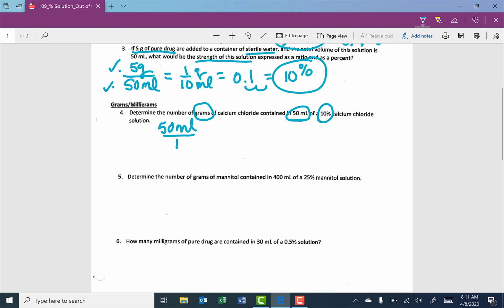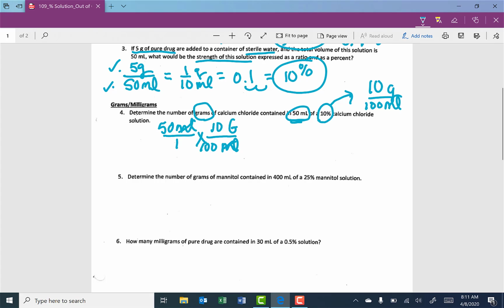So we start with what we're given, which is 50 milliliters, and we're going to multiply it by milliliters here, and then we want grams here. It's a 10% solution, so that automatically tells us it is 10 grams over 100 milliliters, because that's what percent solution means. Percent means over 100. So we have 10 grams over 100 milliliters.